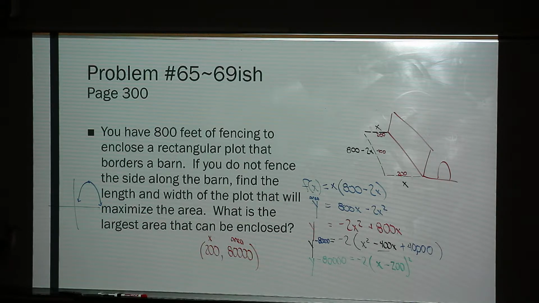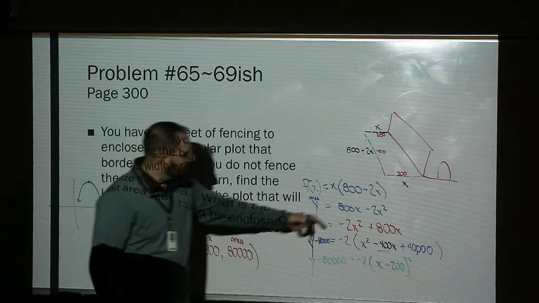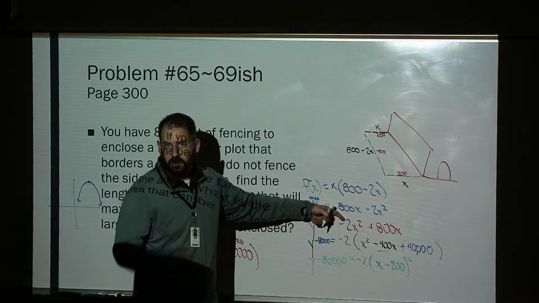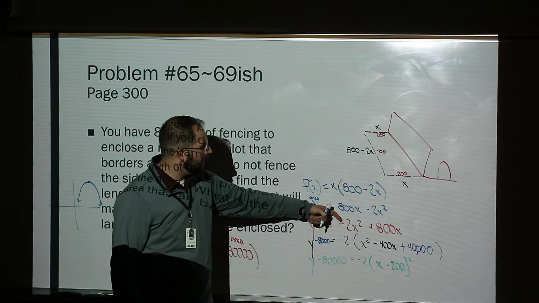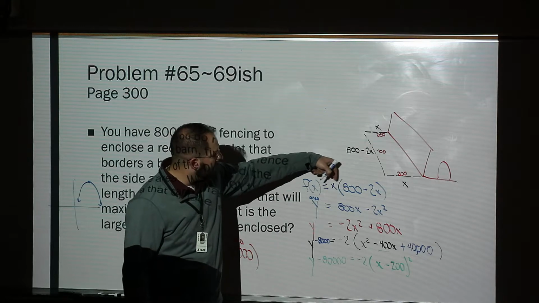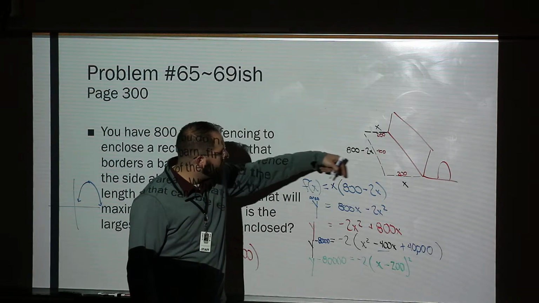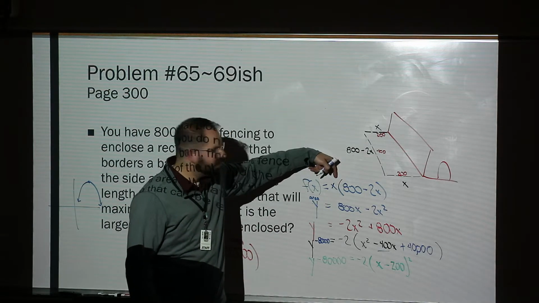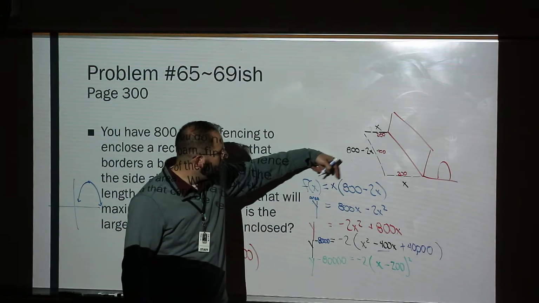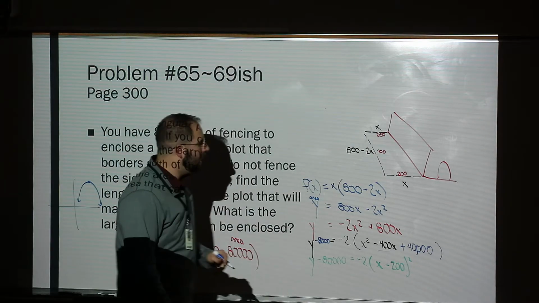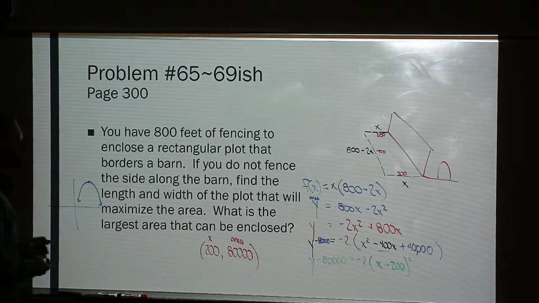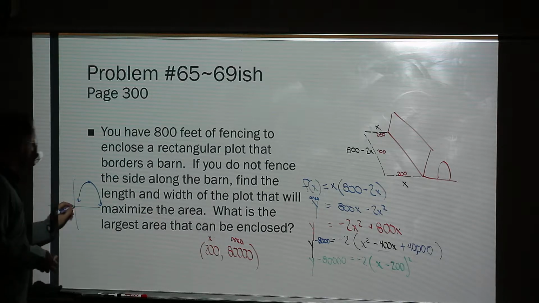And how I know where it's going is because there's a negative number out in front of the x squared, so it tells me the tail's going down. That's what the negative sign tells me. Then when I factor this apart, what makes both of these 0 gives the x-intercepts. If I set that equal to 0, it would be 0 and 400.